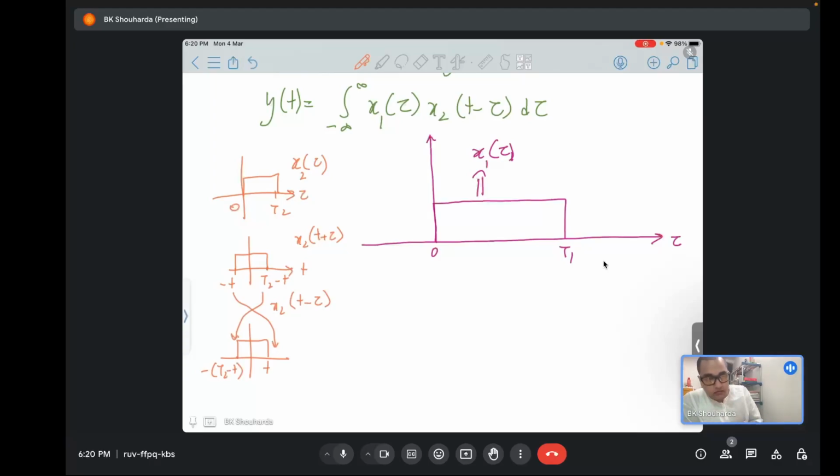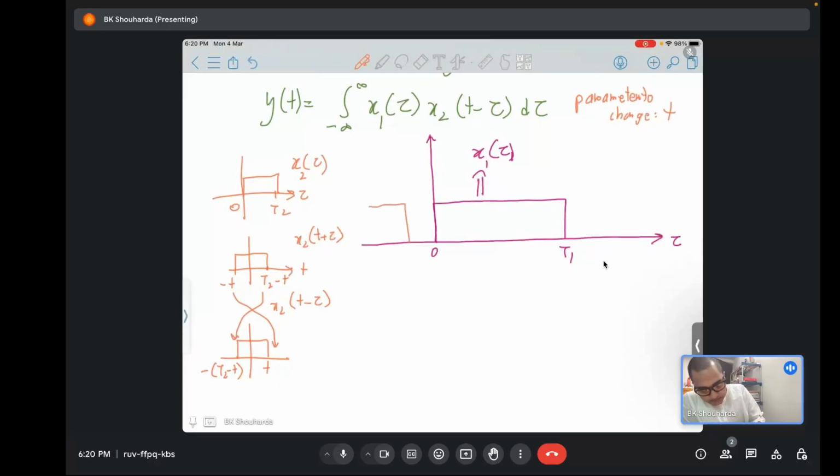Okay, and now the variable here, or I should rather say the parameter to change is small t. Okay, so let us look at various cases where, depending on t, small t, my x2 of t's location will change.